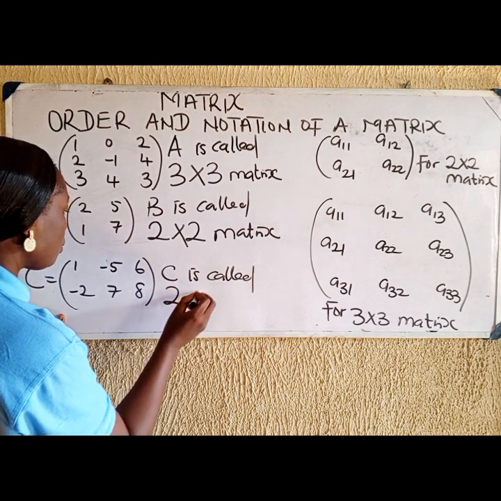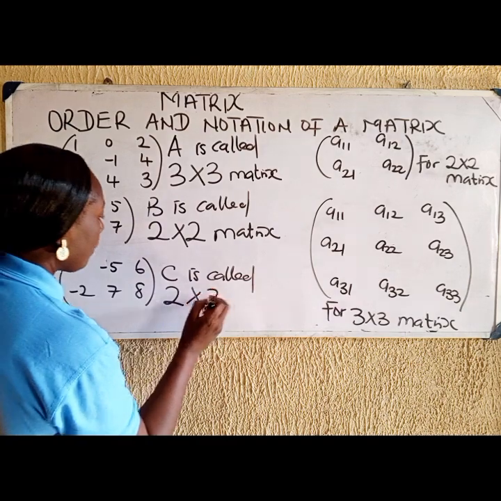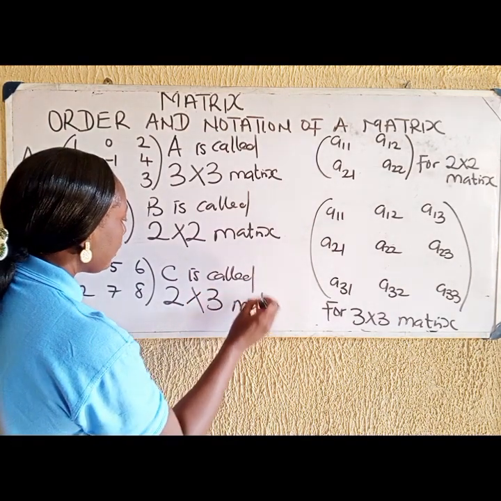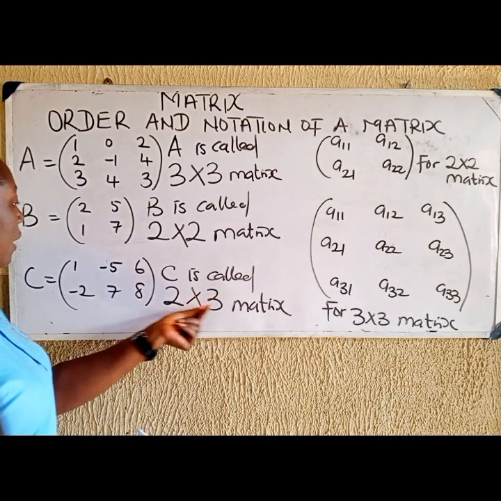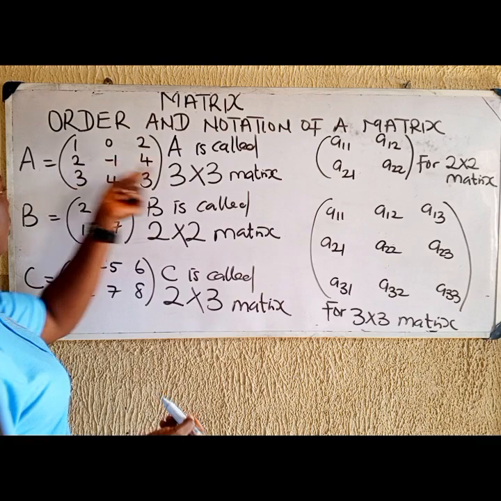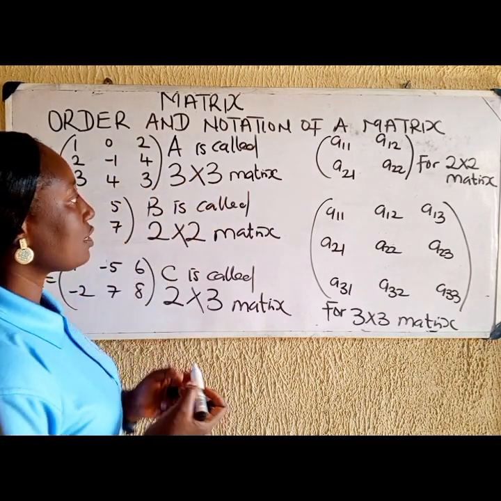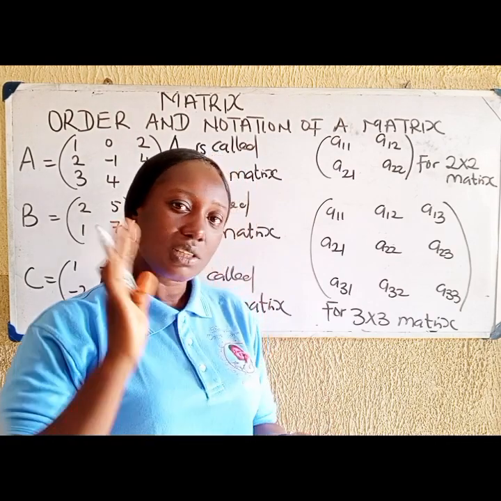So rows is 2 by columns 1, 2, 3. 2 by 3 matrix. So C is called a 2 by 3 matrix, B is called a 2 by 2 matrix, and A is called a 3 by 3 matrix. Remember I said that you have to count the row first before the column.